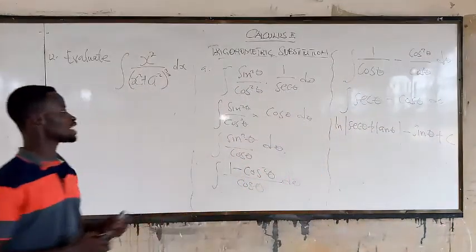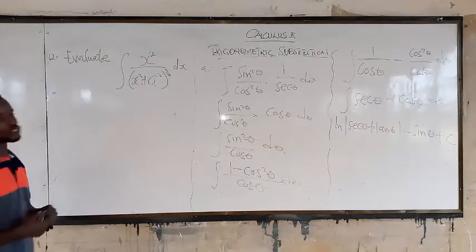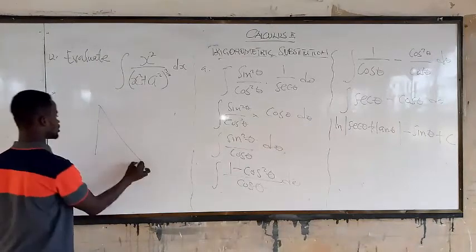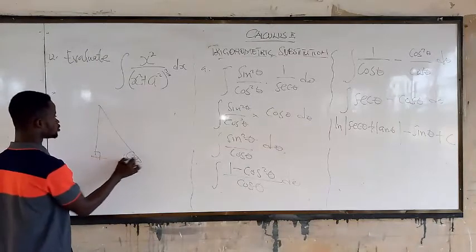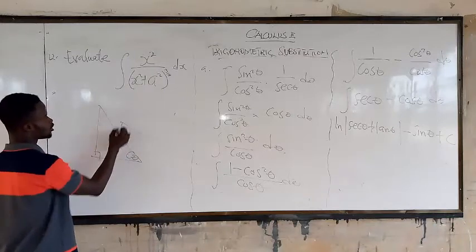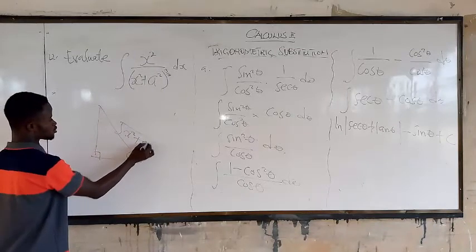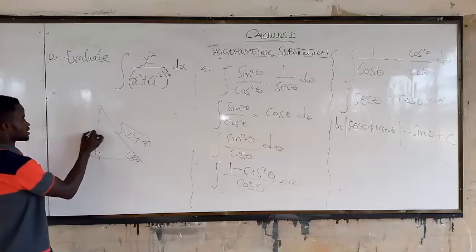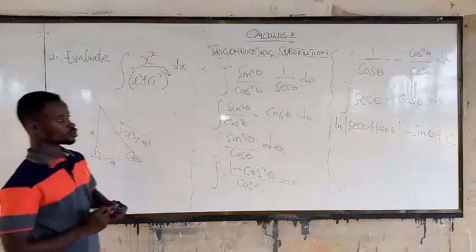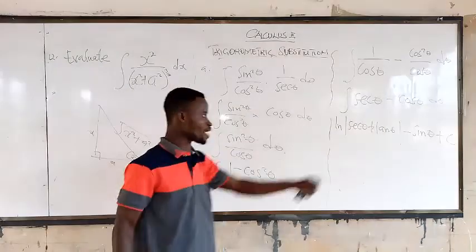But don't forget that we are solving by trigonometric substitution. So here we get a triangle: here is the square root of s squared plus a squared, here is s, here is a. We need to rewrite our s's back.